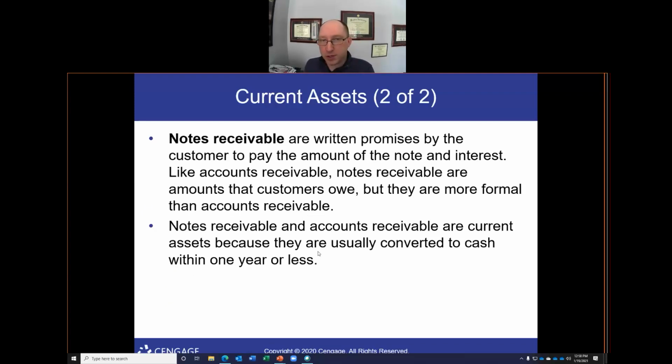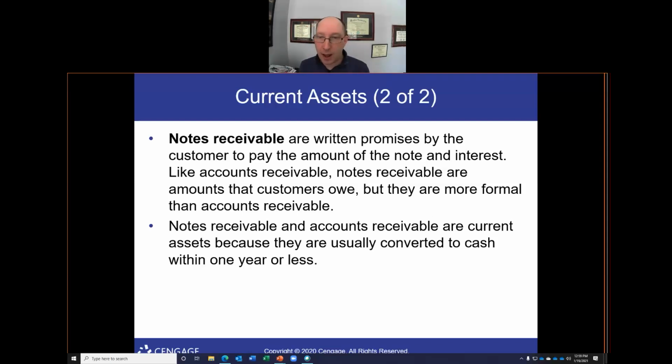A notes receivable. What's a notes receivable? You might be asking yourself, this might be the first time you're hearing the term note receivable. Note receivable is when the company issued a line of credit to the customer. An example of this, let's say you're Macy's, a big retailer, and your customer applies for a Macy's store card. For Macy's, that is a note receivable.